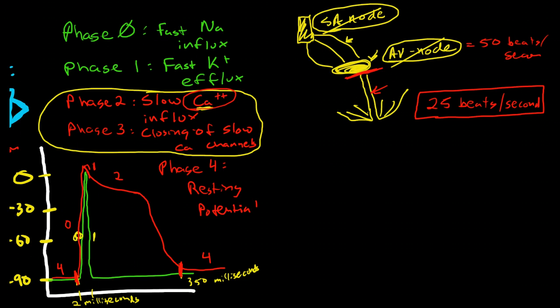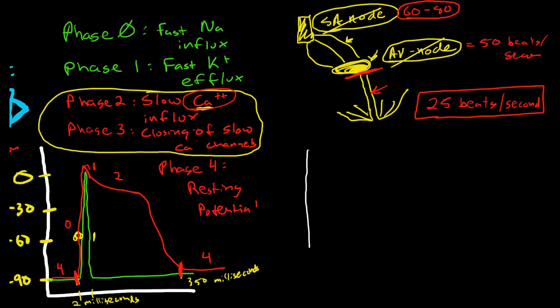And as you know, the SA node is 60 to 80 beats per minute. Because the SA node is faster, it tends to be the one in control, because it starts the action potential before any of the other tissues can get around to it. Okay, so those are the pacemaker cells.